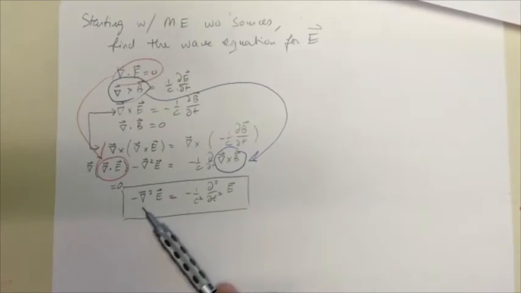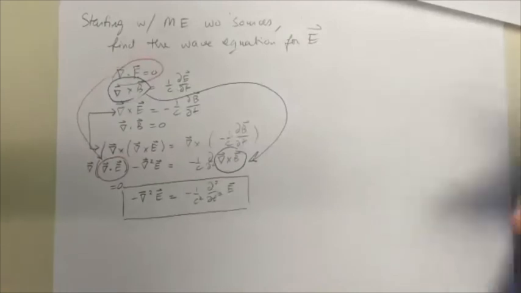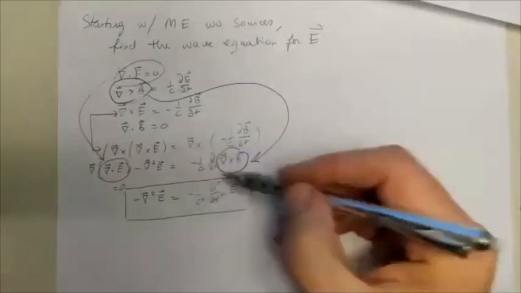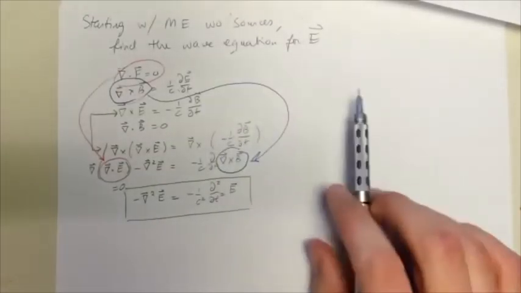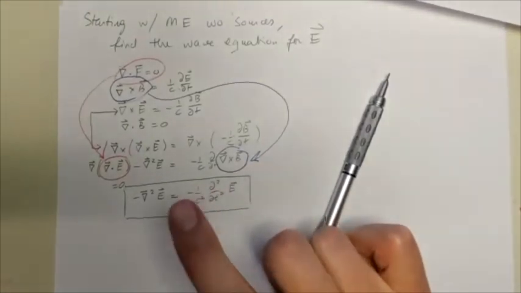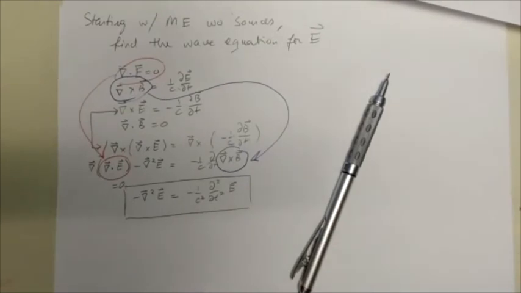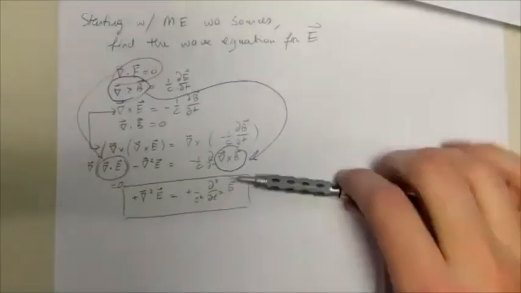And I already replaced the E here. So now we have minus nabla squared E. I believe I have an extra minus here somewhere that I'm not supposed to have. I'm not sure where it came from, but I'll fix that. And now you got your wave equation. Let me see if that's correct. So, yep, that's correct. That's the wave equation.